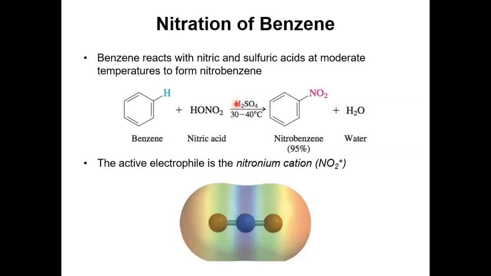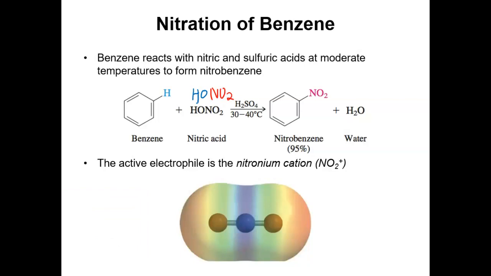The reason why we need sulfuric acid to speed up the reaction is that the really active electrophile in the nitration reaction is the nitronium cation. Remember, I wrote it as this one, the NO2 and the OH.